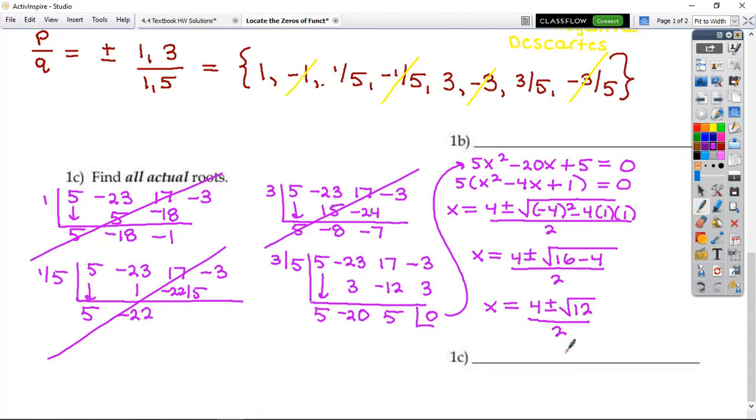And then what can we do with the square root of 12? Yep, 2 radical 3. Yep. We have x is equal to 4 plus or minus 2 radical 3 over 2. Other root would have been 3/5.